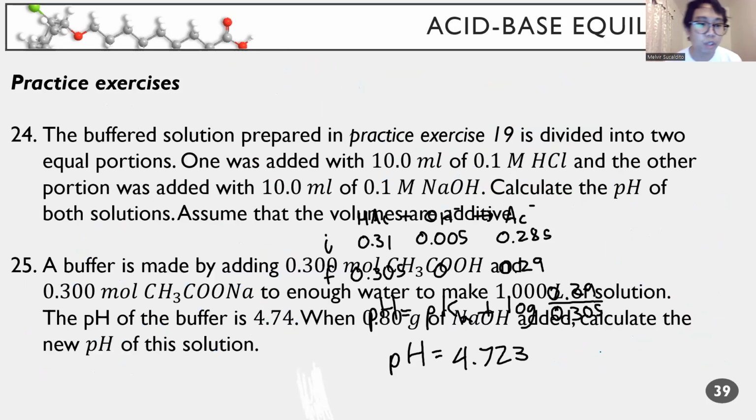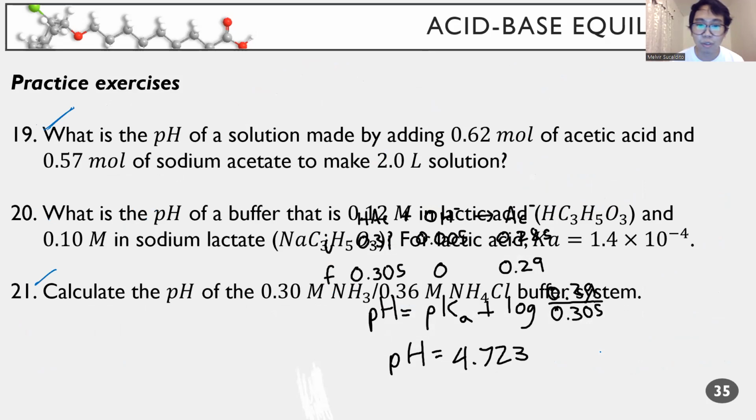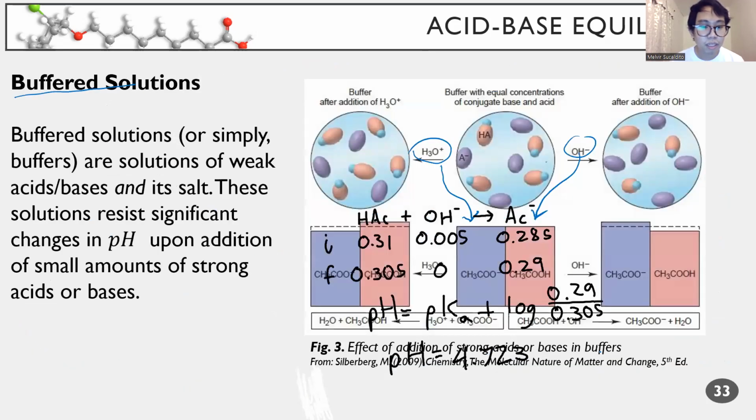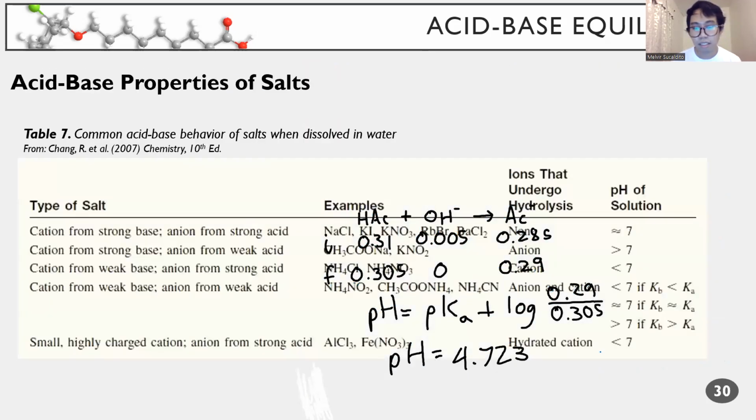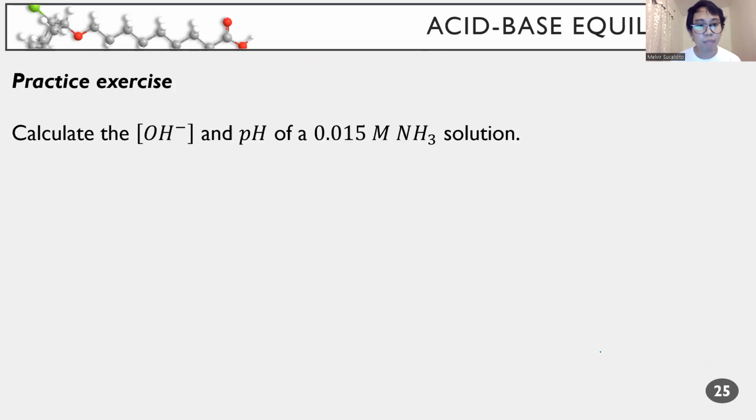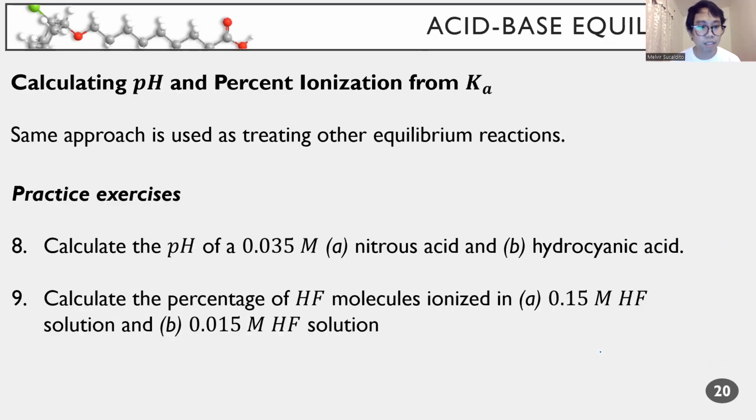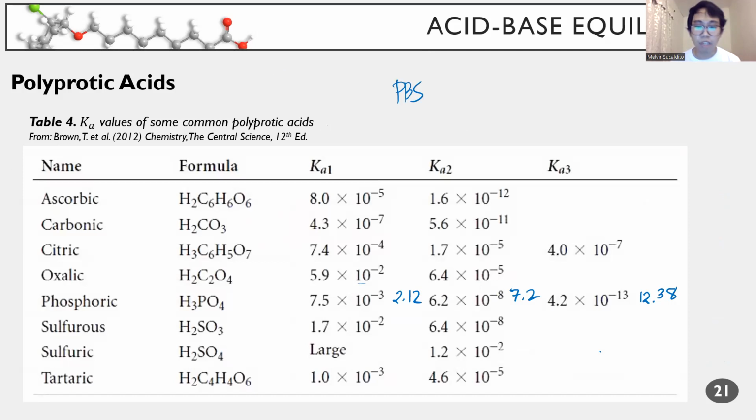Tingnan nga natin yung Ka value. Polyprotic. Ito, carbonic.